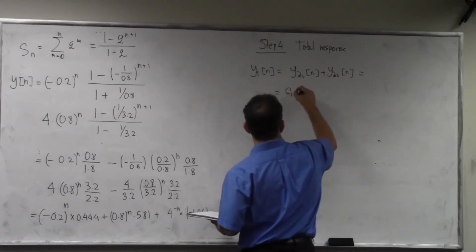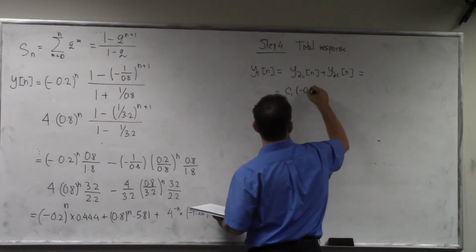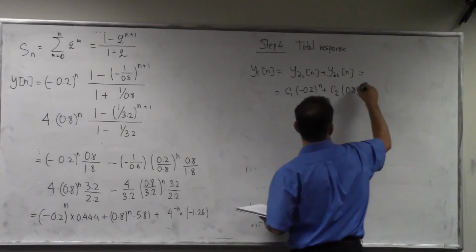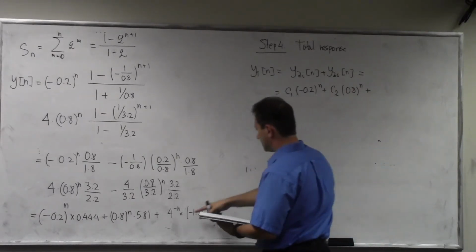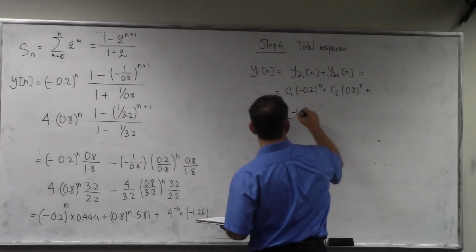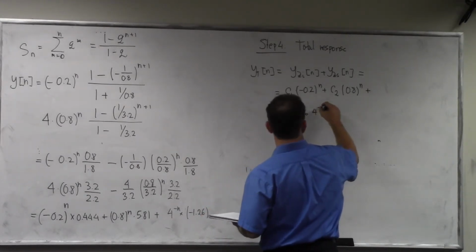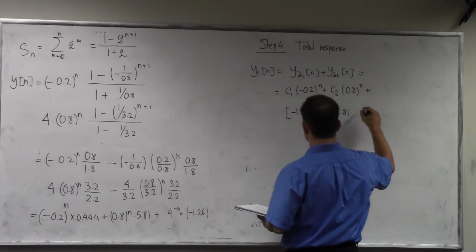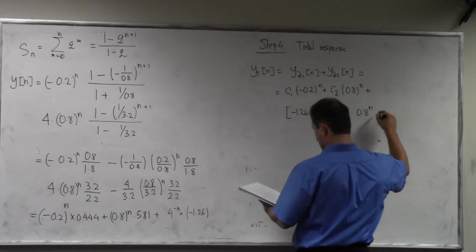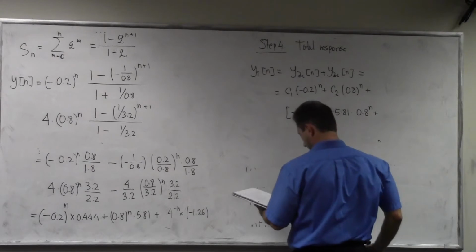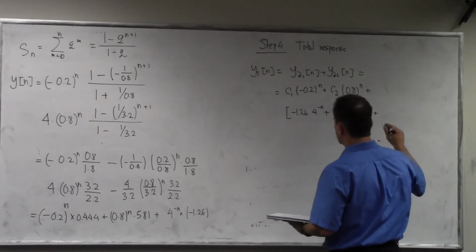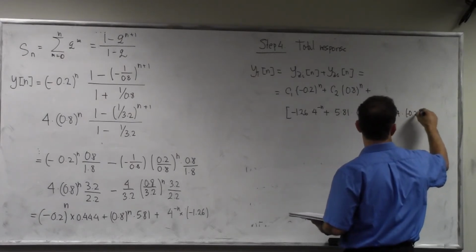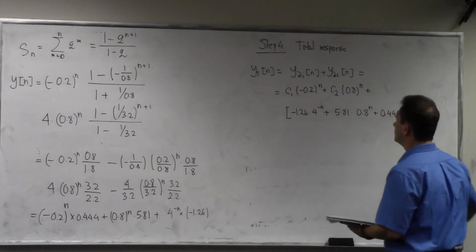And this becomes C1 times minus 0.2 to the n plus C2 times 0.8 to the n, and plus this thing here. So this is minus 126 times 4 to the minus n, plus 581 times 0.8 to the n, and then plus 0.444 times minus 0.2 to the n. So that's our total response.